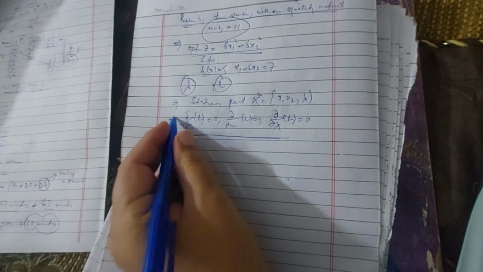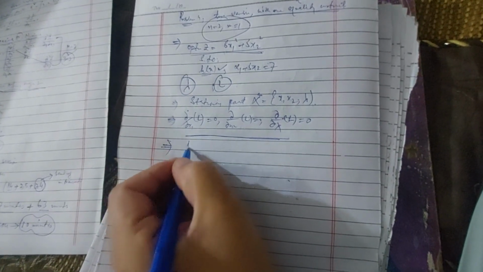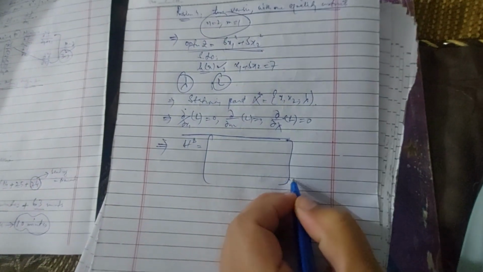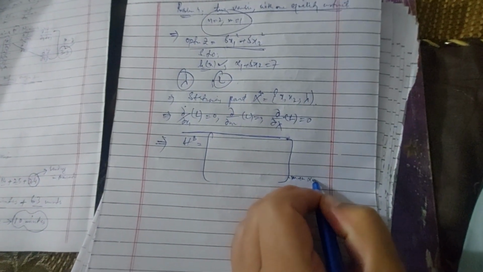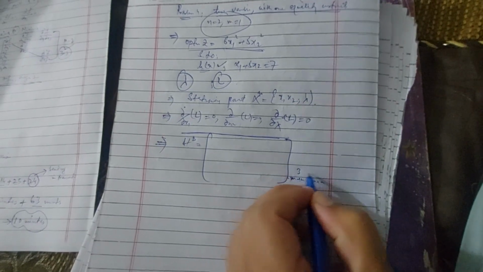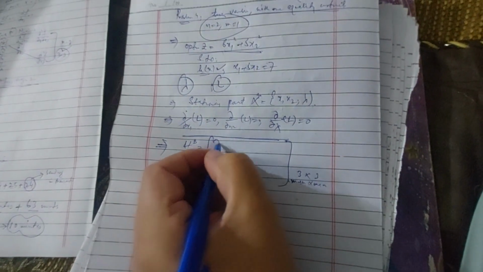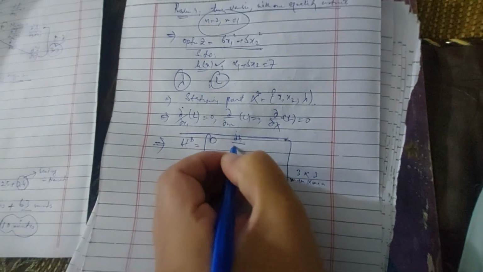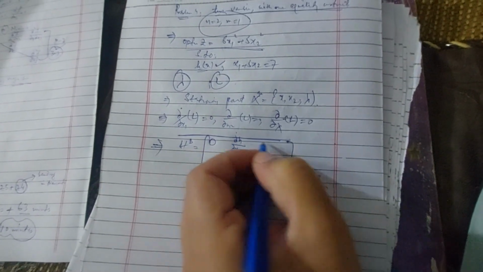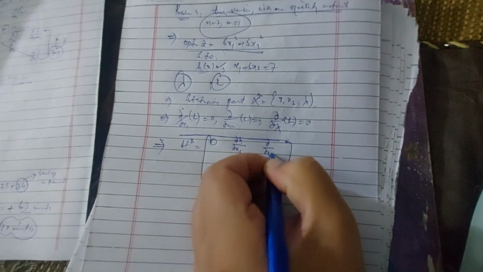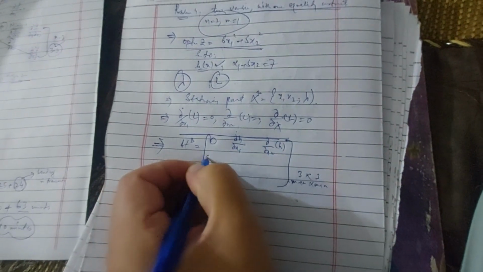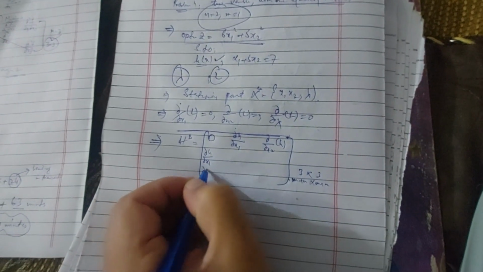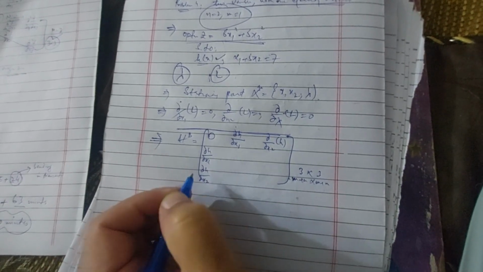To find whether it is minima or maxima, we make the bordered Hessian matrix, which is m plus n cross m plus n, so it will be a 3 cross 3 matrix. Here it will be 0. Here it will be the partial derivative of h with respect to x1 and the partial derivative of h with respect to x2. Here it will also be the partial derivative of h with respect to x1 and with respect to x2.